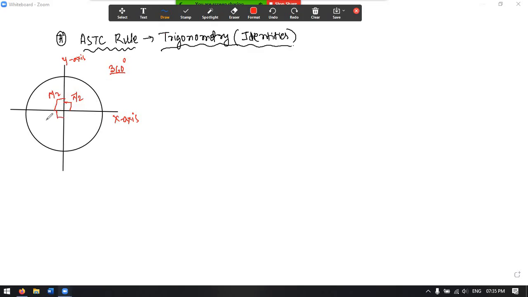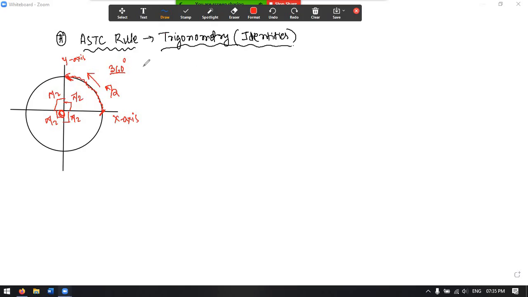These are preliminary things that you should know. The easiest method is that as this is our origin, we can start from this side of the x-axis. If we move from this part to this part, we have traveled 90 degrees in the anti-clockwise direction.